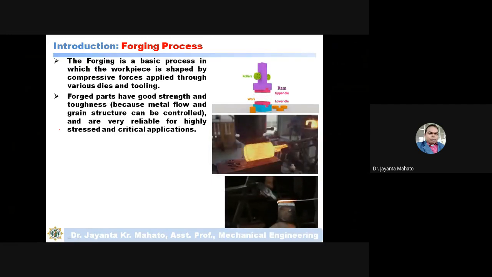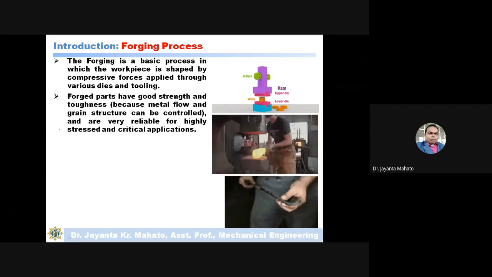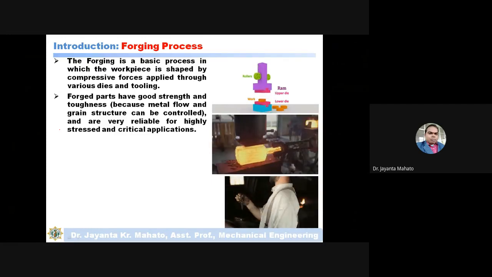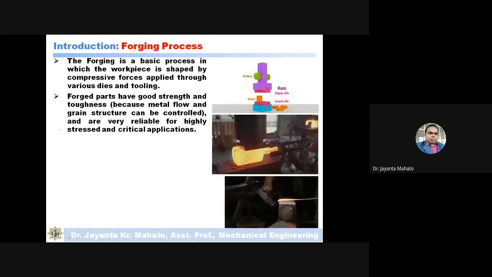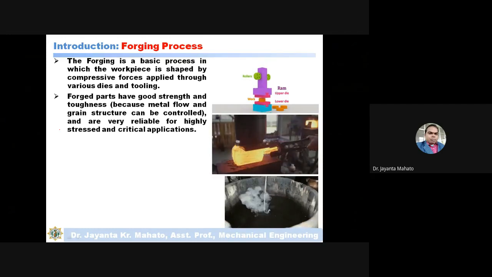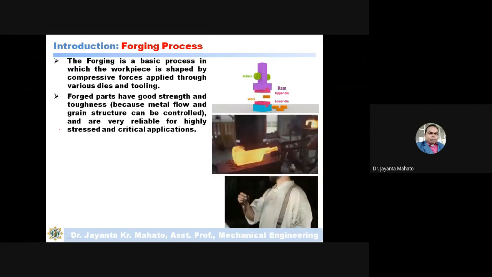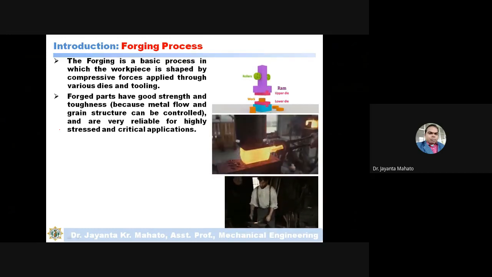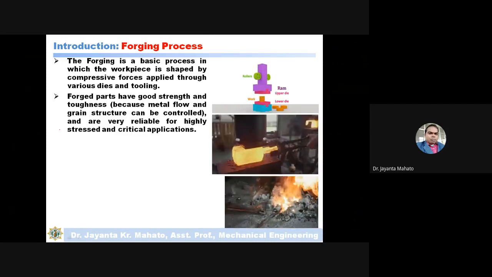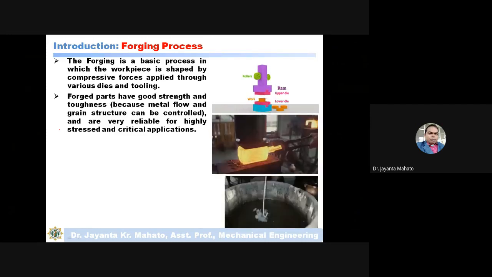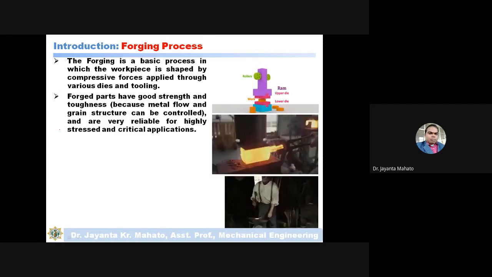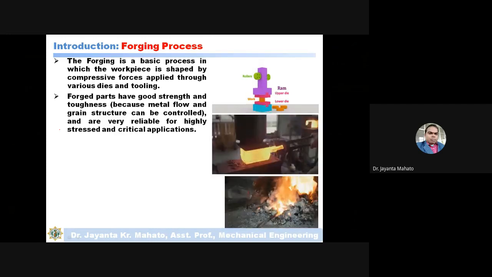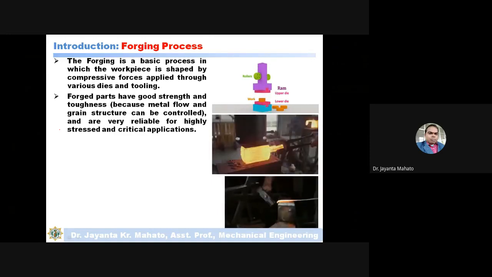The mechanical properties of forged parts, mainly strength and toughness, can be controlled. So forging processes are very reliable, and this type of process is used in most manufacturing industries.